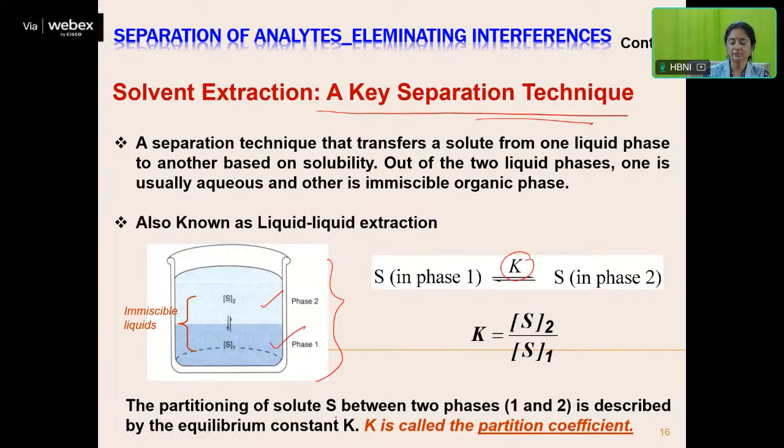Now the partitioning of solute S between the two phases 1 and 2 is described by the equilibrium constant K, which in this case is termed the partition coefficient, because the solute is partitioning between immiscible layers.